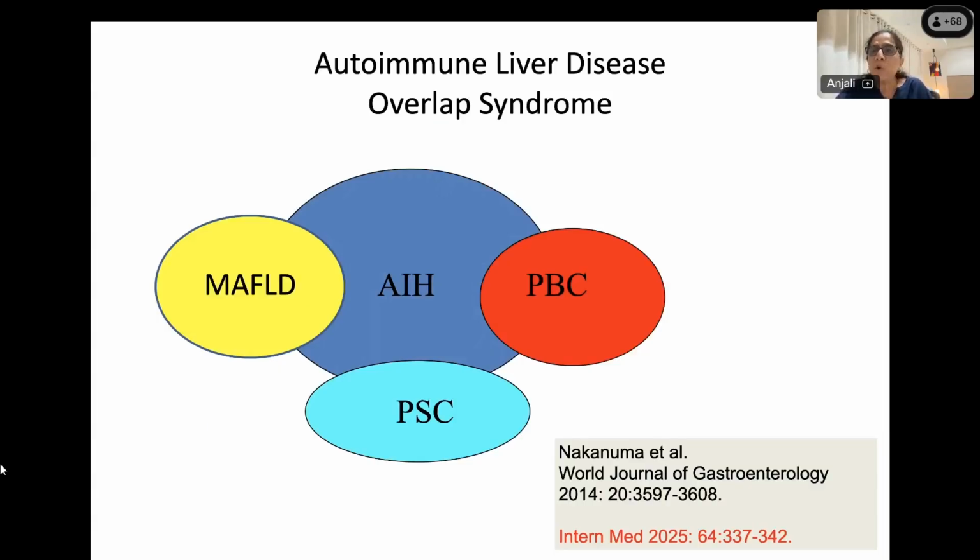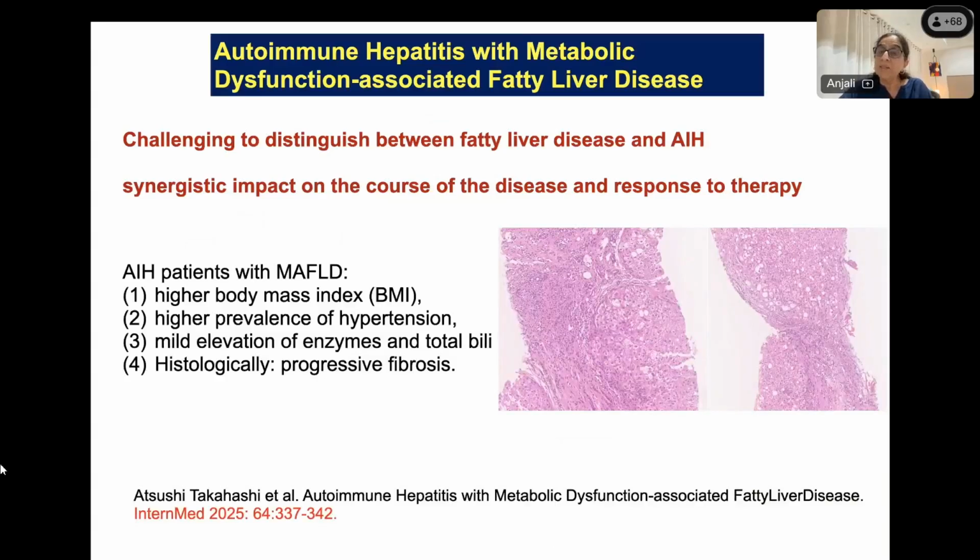Now we have so much prevalence of fatty liver disease. Almost every third person has some amount of fat in the liver. So there is a lot of overlap between autoimmune hepatitis and fatty liver disease, metabolic associated fatty liver disease. And hence this we are going to face in future.